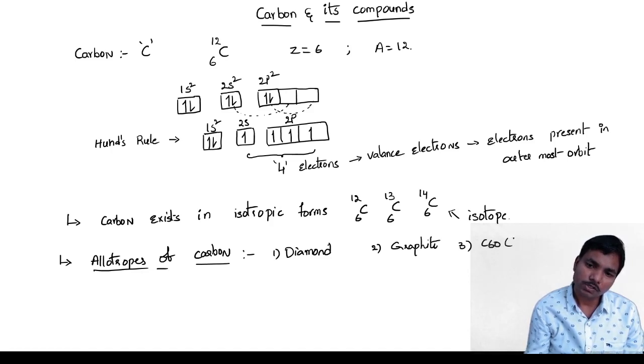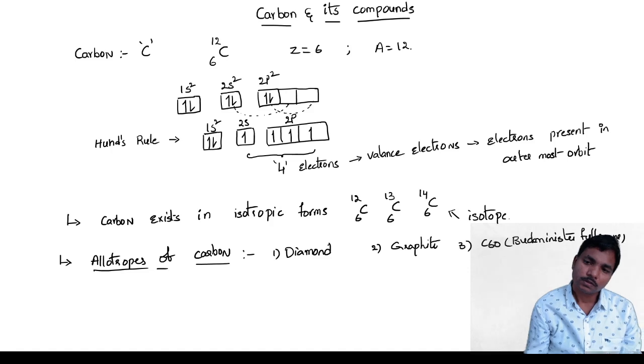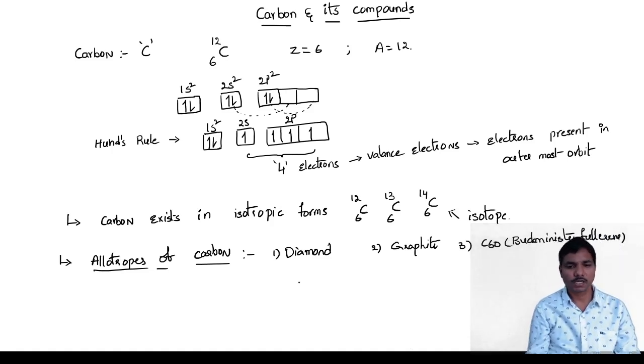You can also call it Buckminster fullerene. These are the allotropes of carbon.